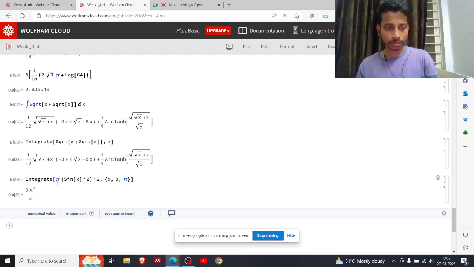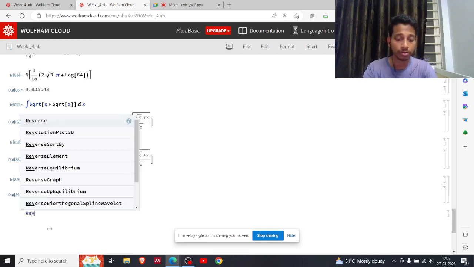So this is the value of integrating pi sin x square. So this is basically a problem where the question is to compute the volume enclosed when y equal to sin square x in the range of x 0 to pi. So basically this particular thing, sin x square, is the curve which is rotating along the x axis.